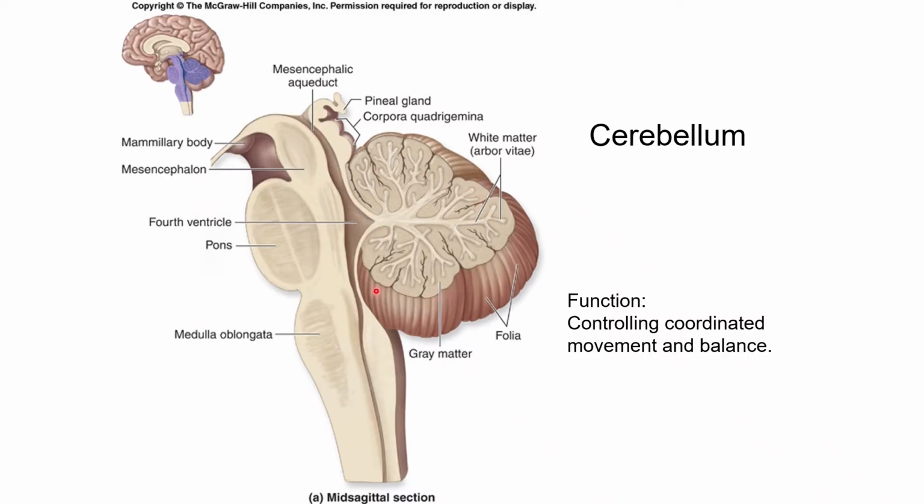And there is a very high density of neurons in this area. In fact, there are some estimates that say that the cerebellum includes more neurons than the rest of the brain combined, even though the cerebellum occupies only about 10% of the volume of the brain. So this is an important area with lots of neurons involved in movement and coordinated actions.